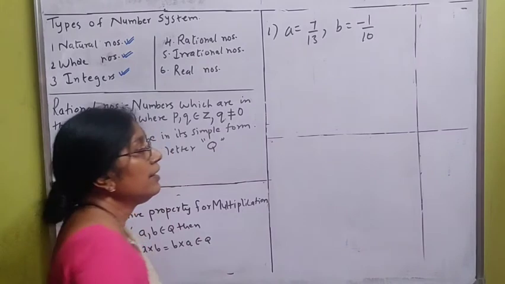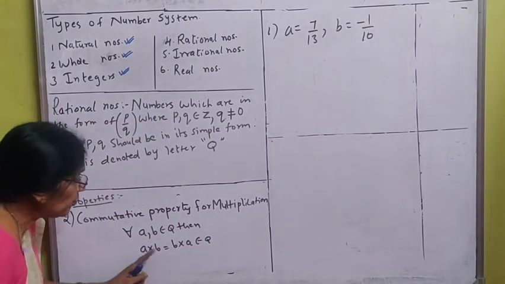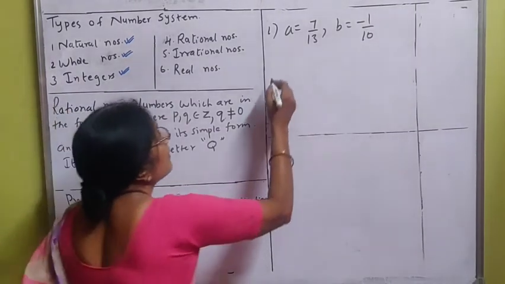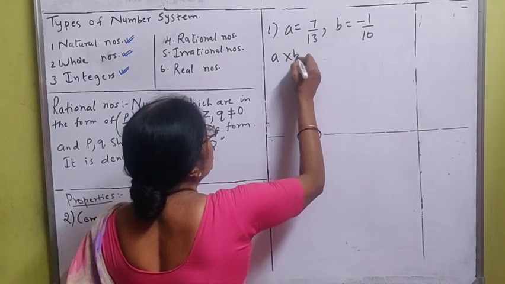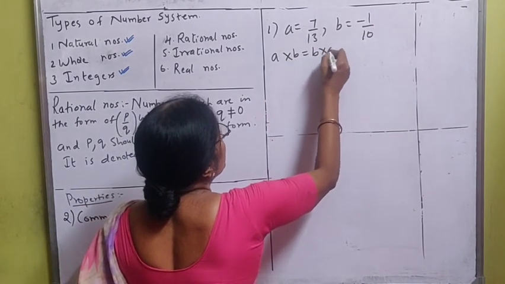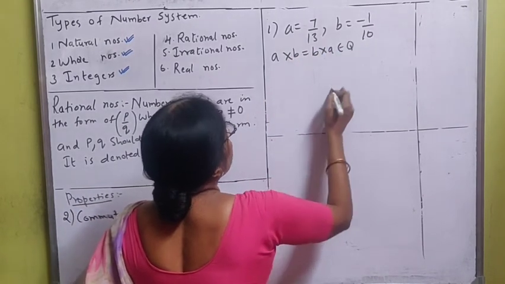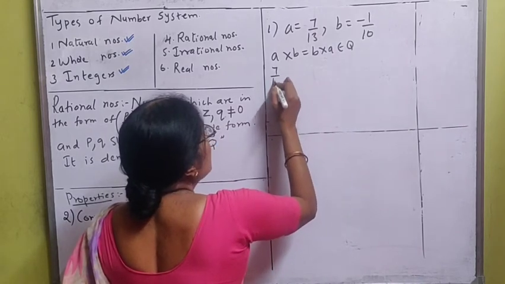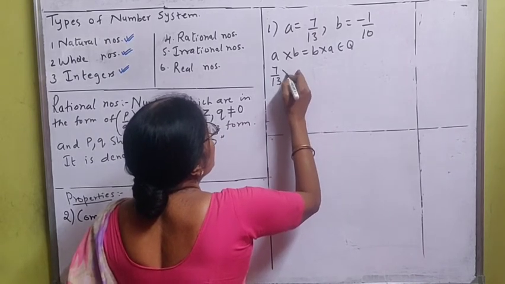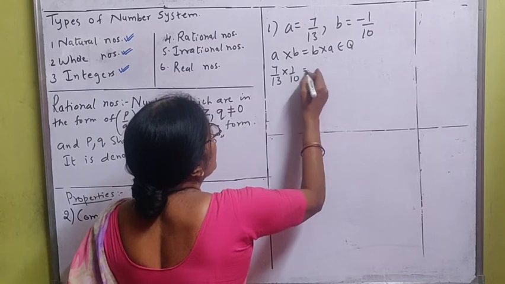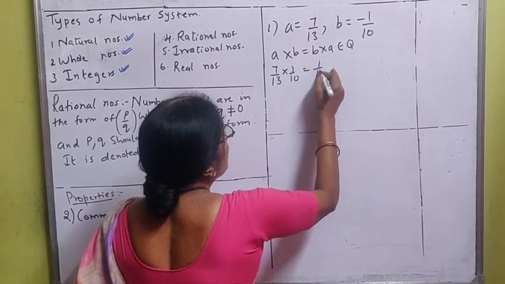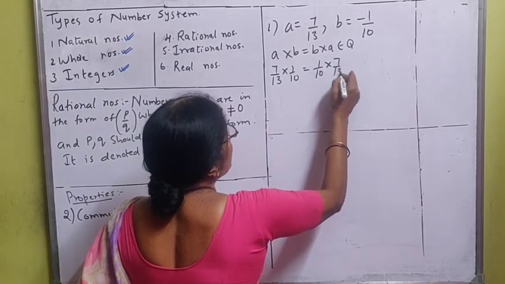So what do I have to do? A into B is equal to B into A, should belong to Q. What is A value? 7 by 13 into 1 by 10 is equal to 1 by 10 into 7 by 13.